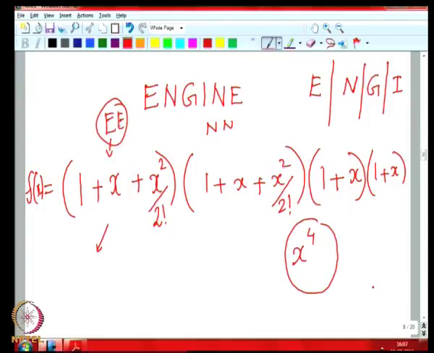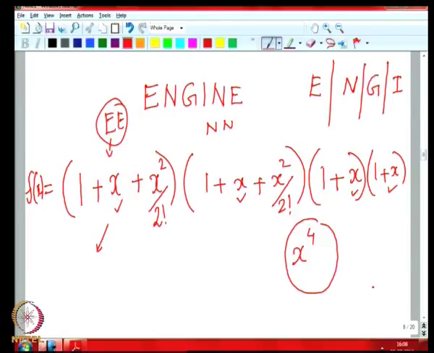So, that would correspond to selecting 2 E's and 2 N's and no I's and no G's. On the other hand, if you had picked up x from here and x from here and x from here and x from here, it would correspond to selecting 1 E, 1 N, 1 I and 1 G.